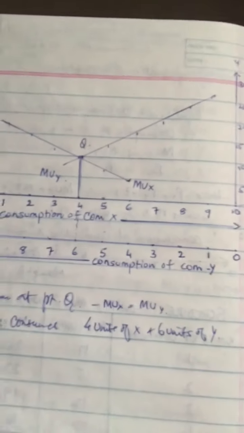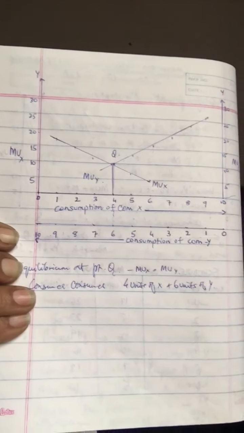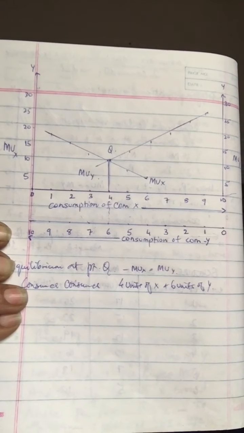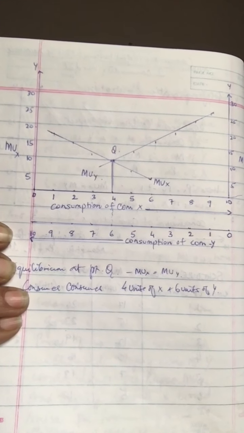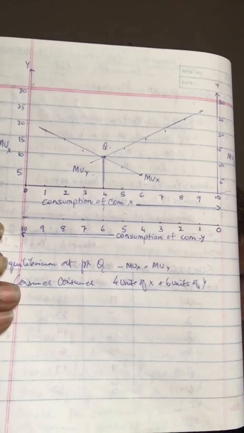When he takes the second, he gets 23. Is that clear? And so on. So where do you think is the equilibrium? Of course, you see that the marginal utility of X and Y decline as he gets more and more of it. That is in accordance with the law of diminishing marginal utility.